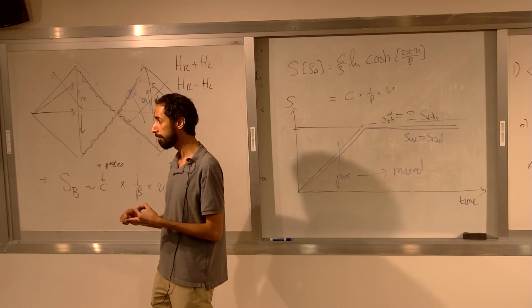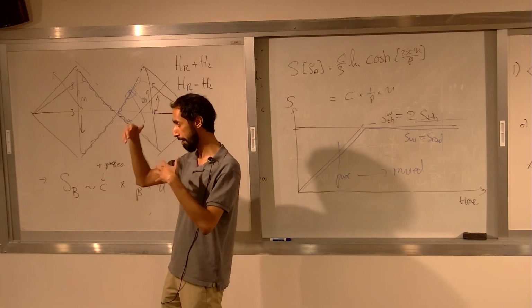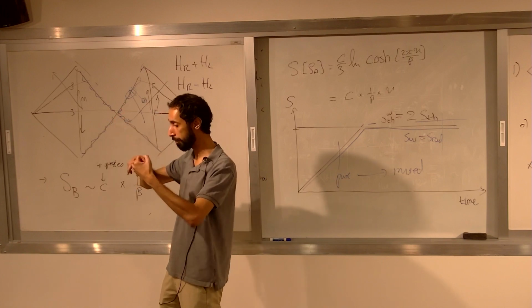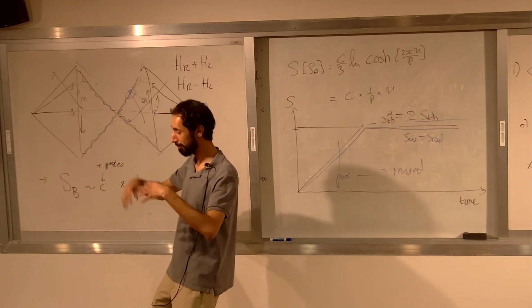Maybe it does. Maybe, but I'm telling you what the firewall paradox setup is. It says you have these two statements, that an infalling observer sees nothing else. Sounds like the cosmological constant paradox of Einstein. Maybe the universe expands. Maybe.